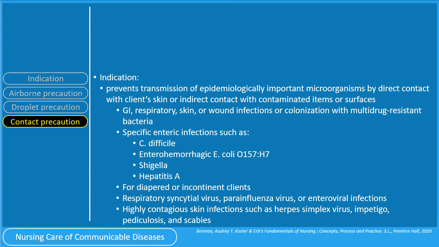Diseases spread by contact transmission include GI, respiratory, skin or wound infections or colonizations with multidrug resistant bacteria, specific enteric infections such as Clostridium difficile, E. coli, Shigella, hepatitis A for diapered or incontinent clients, respiratory syncytial virus or RSV, parainfluenza virus, or enteroviral infections. Also, it includes highly contagious skin infections such as herpes simplex virus, impetigo, pediculosis, and scabies.